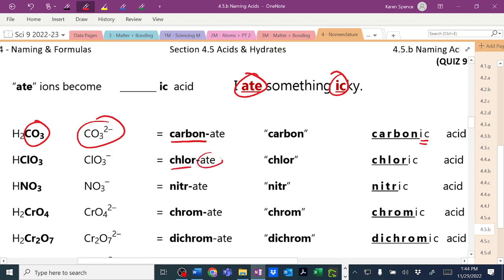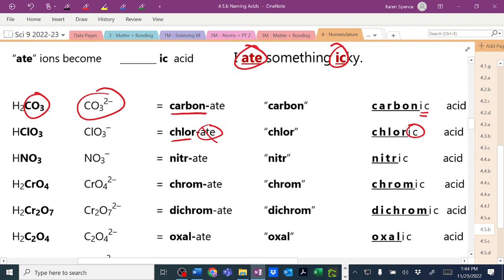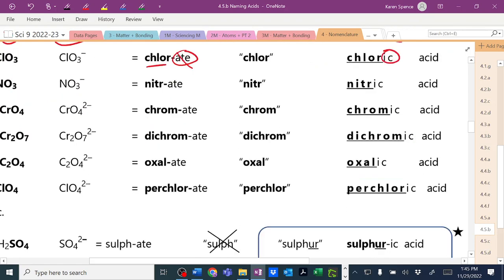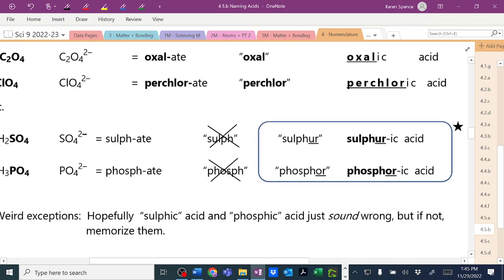Chlorate, we'll take away the ate and we'll replace it with ic, so it's chloric. Nitrate becomes nitric acid. Chromate becomes chromic acid. And you can read through the rest of this on your own. I just wanted to get that in there before you head home.